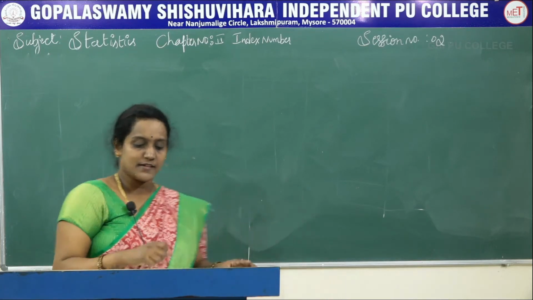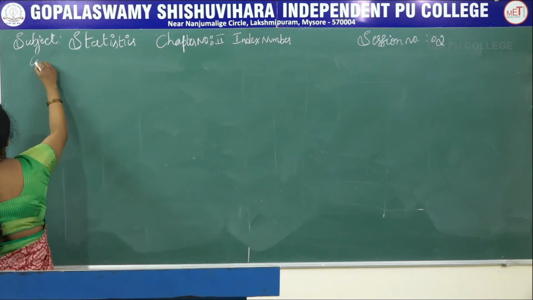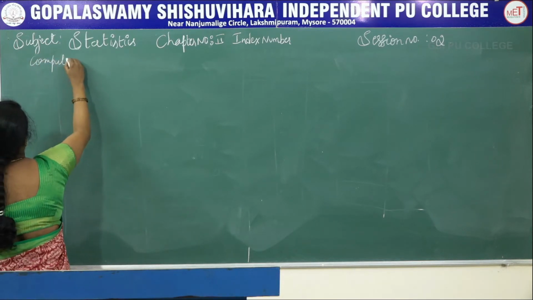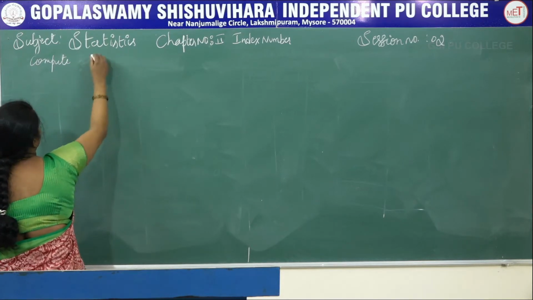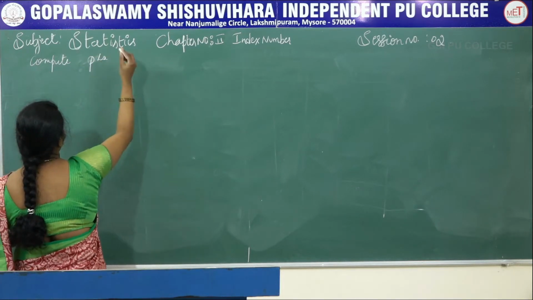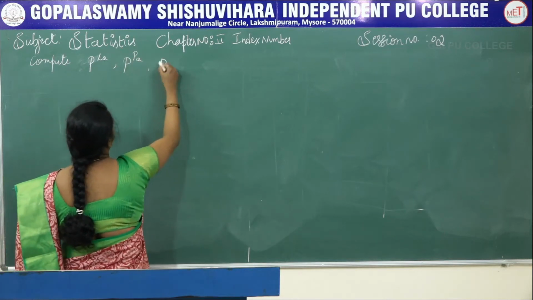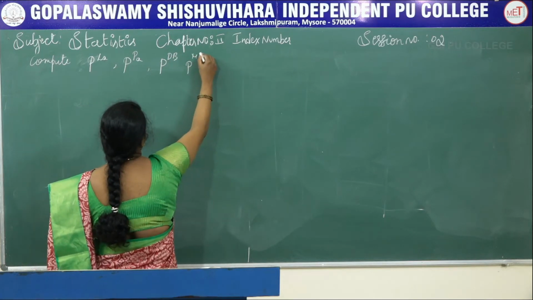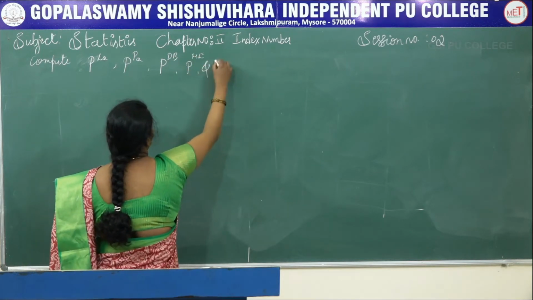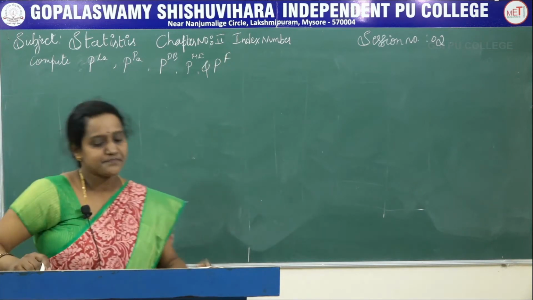Take down the problem first. So compute P of LA, that is Laspeyres, P of Paasche's, P of Dorbish-Bowley, P of Marshall-Edgeworth and P of Fisher's, that is price index numbers.